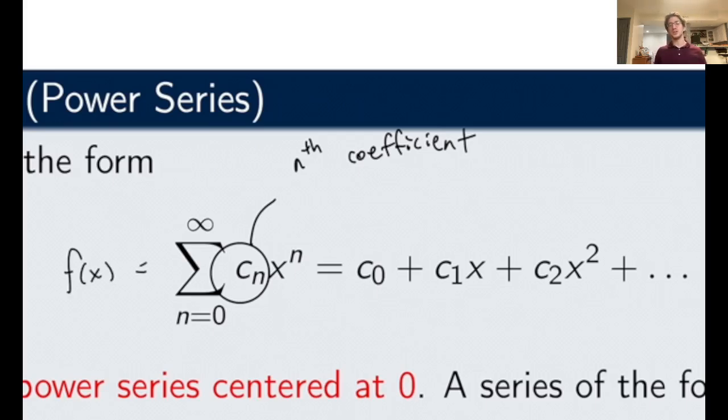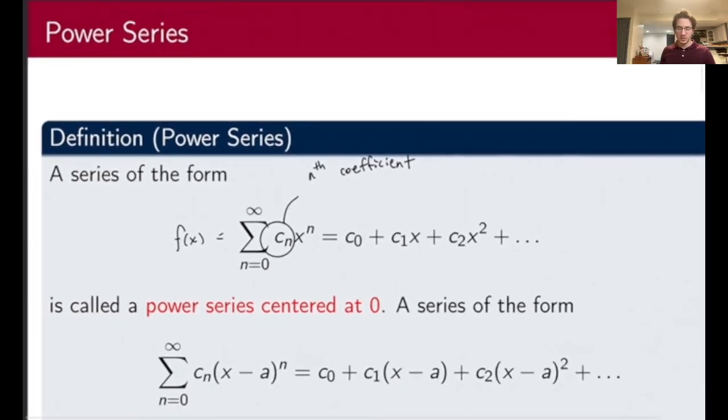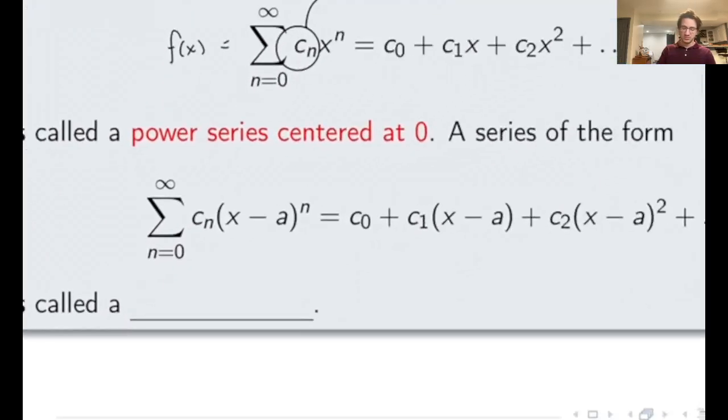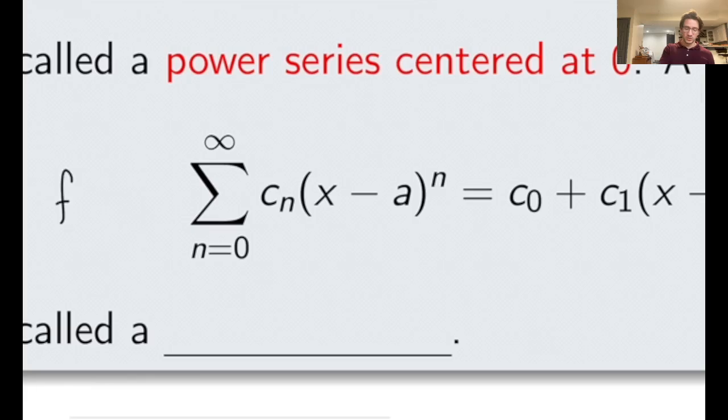This in particular is a power series centered at 0. We can have power series centered at some other number like x equals a, written in this form: the sum from 0 to infinity of some coefficients times x minus a to the n.